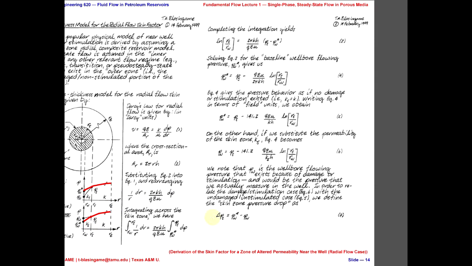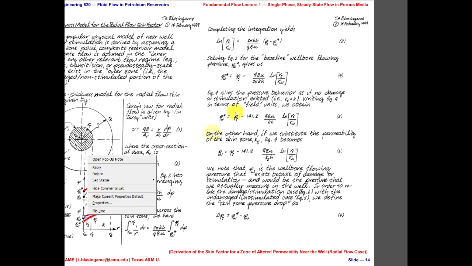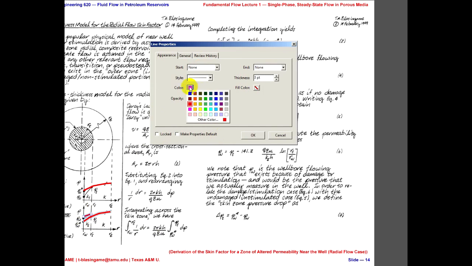And then we can have a little piece like this.